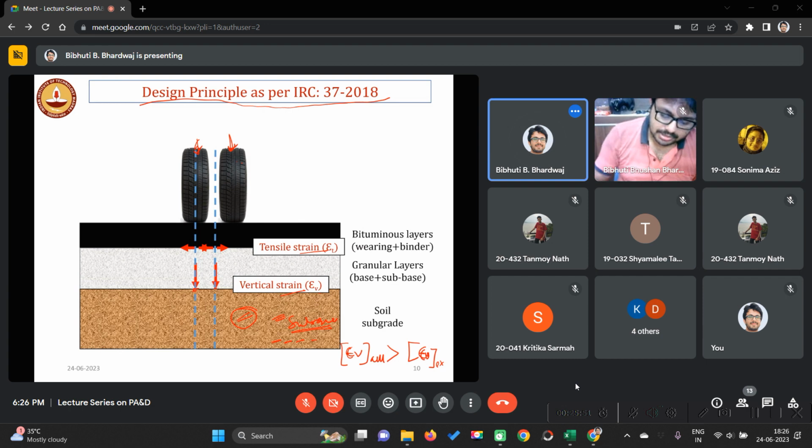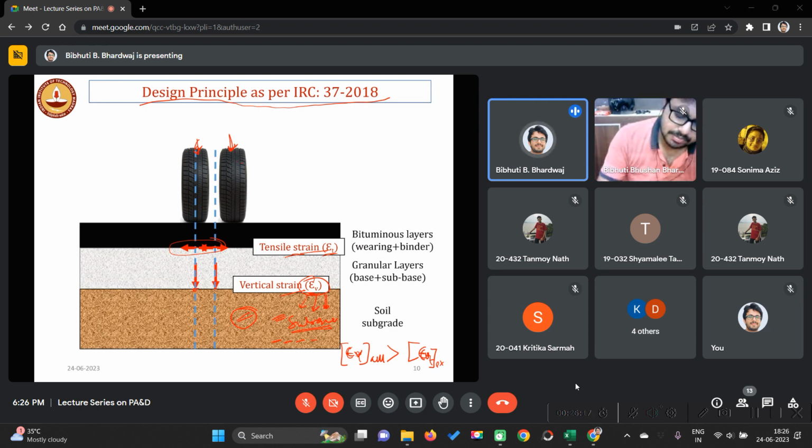Okay. Similarly, here also, instead of epsilon v, we will call it epsilon t because it is tensile strain. So here we will check, and in case of this vertical strain, that property was entirely dependent on the properties of the soil that you used underneath.